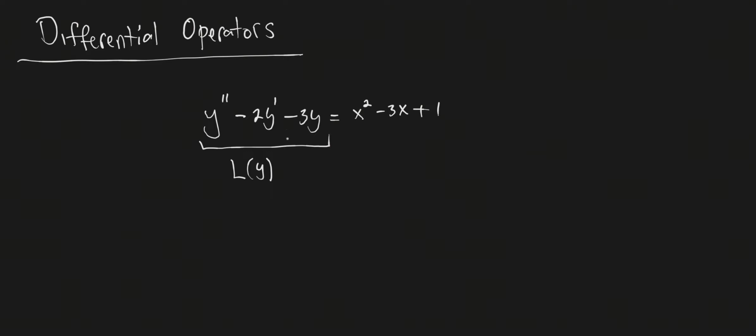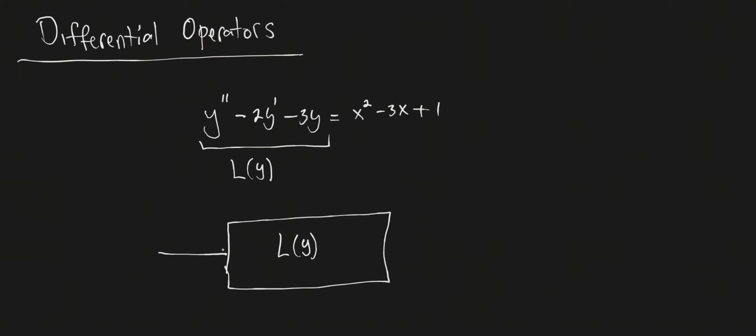It's almost like on the left-hand side, there are a set of operations being performed on a specific function, and you want to know what that function would have to be in order to produce this output. So it's almost like you have an input-output problem, where I'm just going to label this L of y.